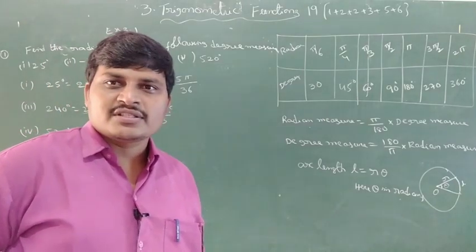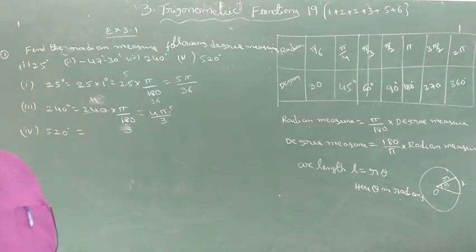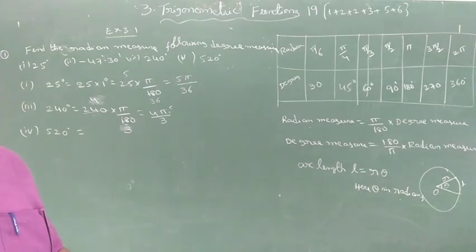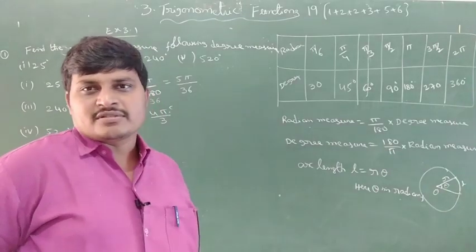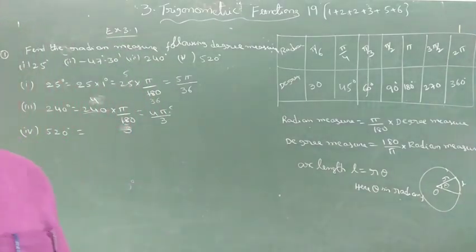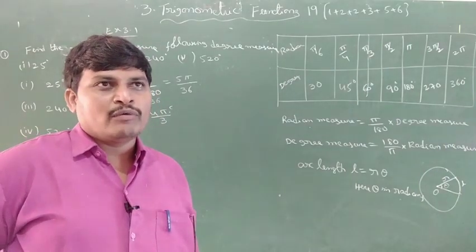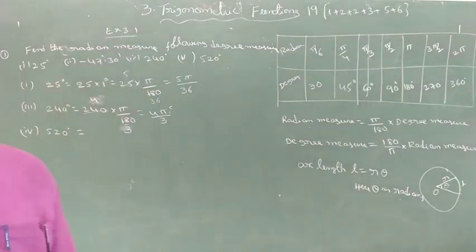Half a rupee is equal to 50 paisa. In the same way, below 1 degree is converted into minutes.